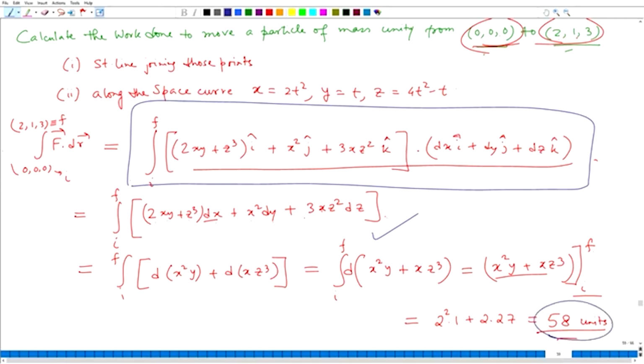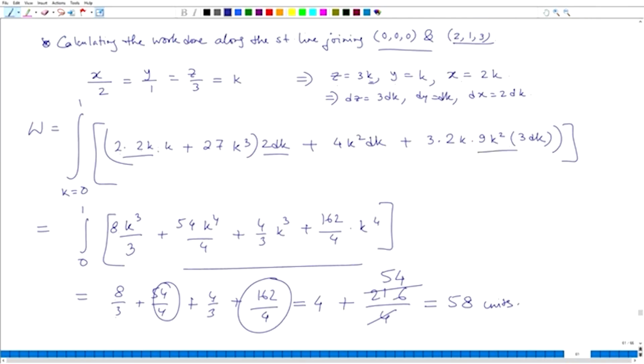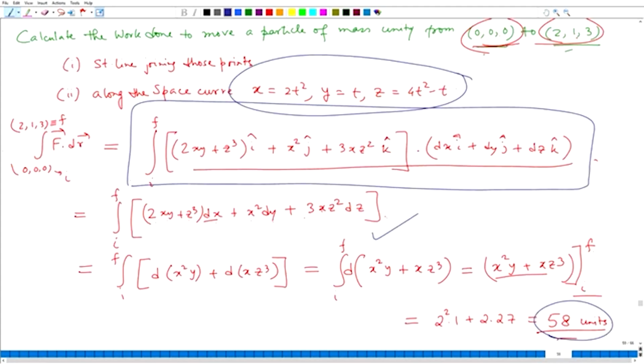And now if you just see, this is 58 units. So, this is not magic, that is exactly the property of a conservative force field. What I would request you to do is to calculate the work done along this space curve. This is actually much easier. Just like here I have converted everything in terms of k, there you have to convert x, y and z and all the coordinates in terms of this t, and you have to just remark that when t is equal to 0, you have this initial point, and when t is equal to 1, you have this final point.